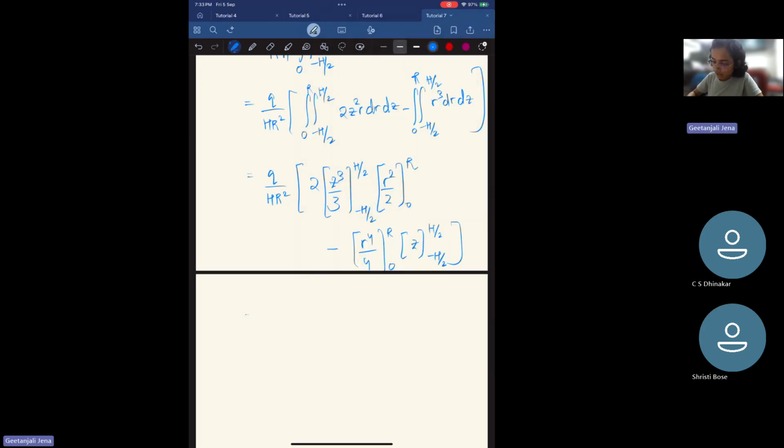So if we simplify it, it will give 2 H R squared times R squared by 2 times 2 by 3, minus H R to the 4 by 4.